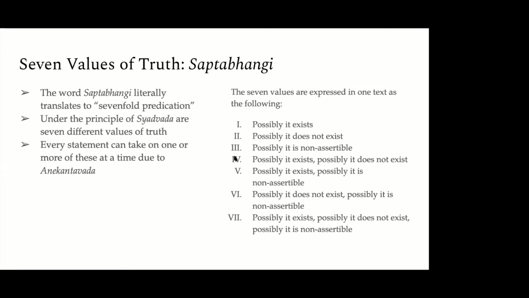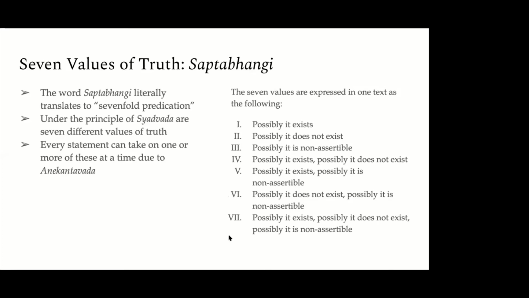And in this column, I give one possible translation that I found of these 7 truth values from the original Sanskrit. The key word in the Sanskrit I learned is syad, which is where the name of the logic system comes from.